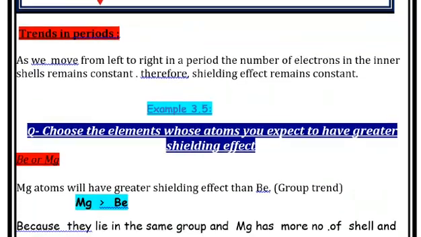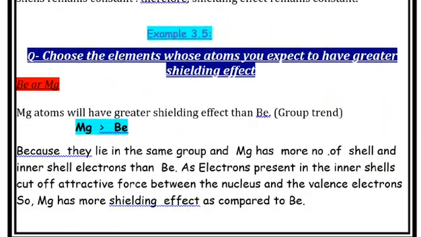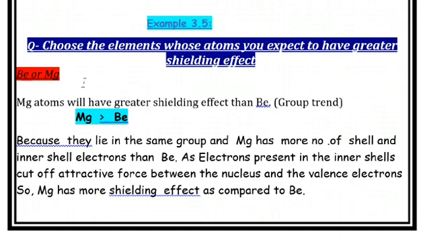Now for an example, beryllium and magnesium. For an example, first of all we have to recognize its trend, either group or period. Magnesium and beryllium are examples of the same group, so here we use the group trend: down the group shielding effect increases.